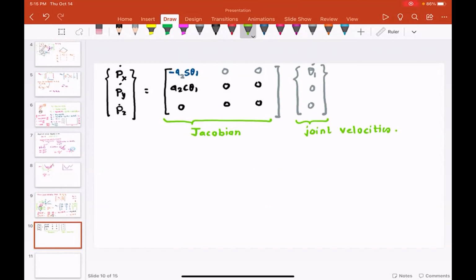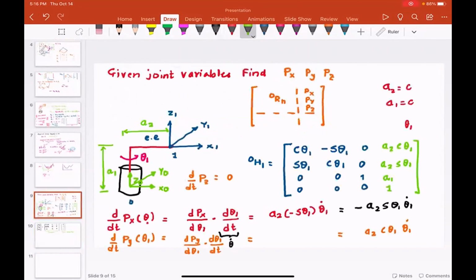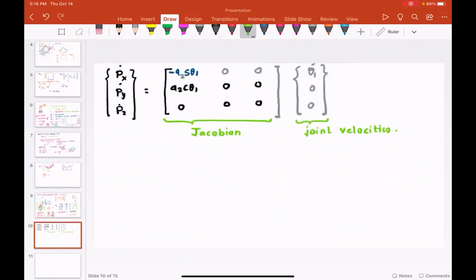What I want you to do is look at this single degree of freedom robot arm from the top. So imagine you're looking from the top. What you would observe is the robot arm, something like this.